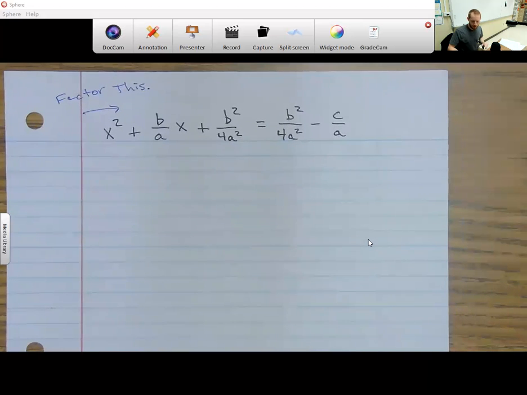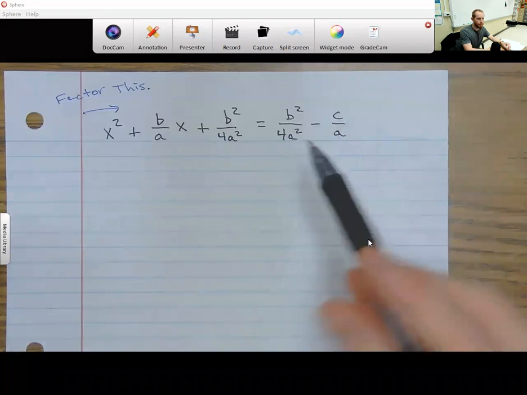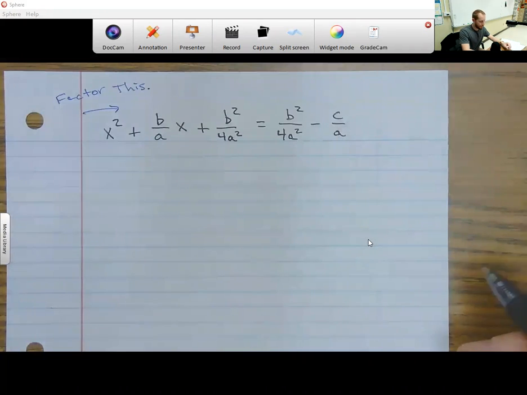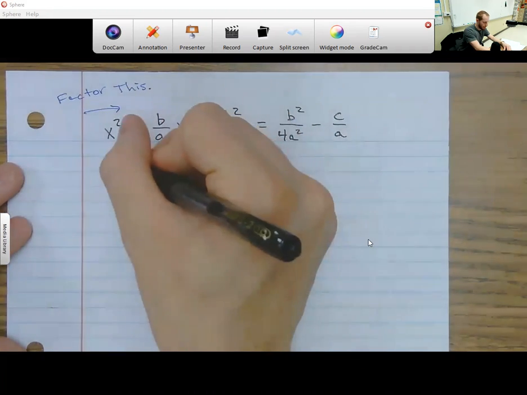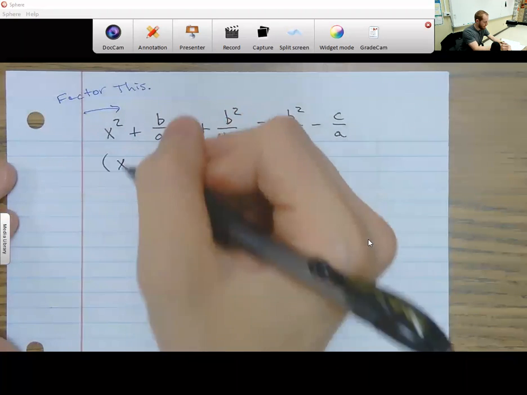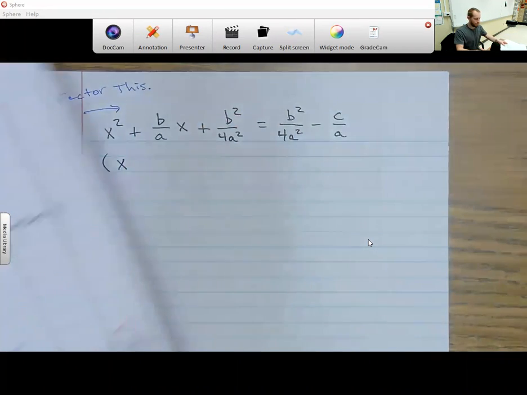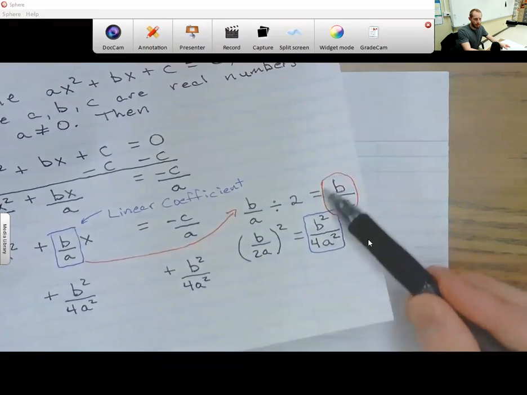All right, so now I've got two equal sides, and I'm going to keep this side the same, but I'm going to factor this side. And the way I'm going to do it is I'm going to have my parentheses. I'm going to have an x inside there. And remember when we divided by 2 and we got this number that we circled?